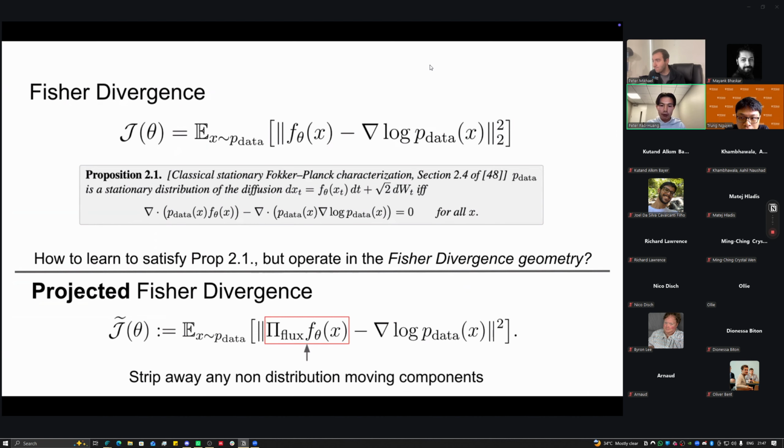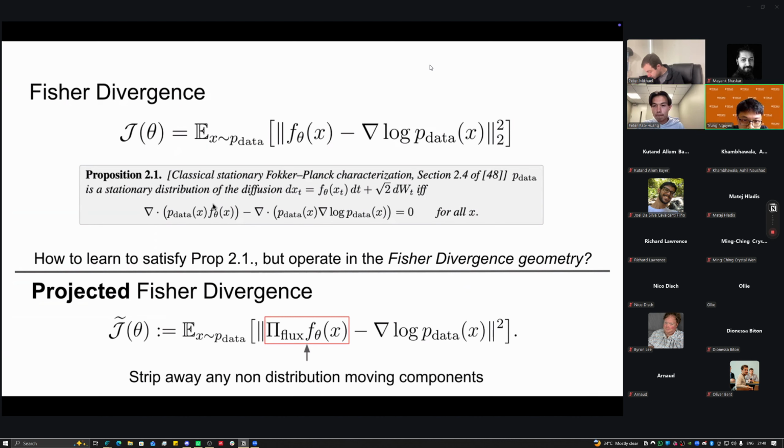Yeah, that's a great question. I decided to leave that out because I didn't want to include too much math on a single slide, but you can imagine that this projection operator is essentially only looking at F through the lens of its distribution moving component. If you plug this pi F into here, it should be equivalent to the gradient component, only the mass moving component.